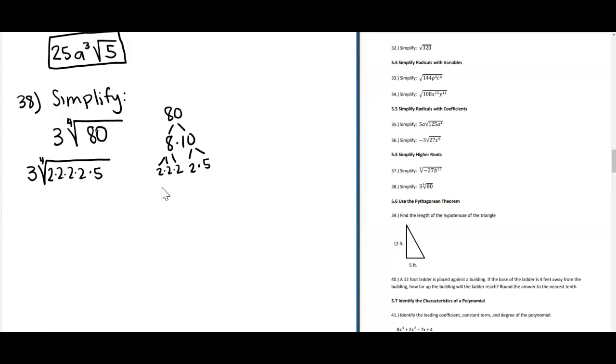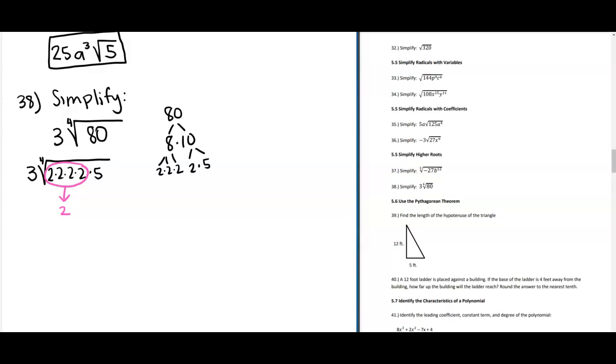Now notice this time we've got a fourth root, so that means things have to come out in groups of 4. So I can see I've got a group of 4 right here. I've got four 2s. So those four 2s are going to come out just as a 2. But 5 would need 3 other buddies, which he doesn't have, so 5 is stuck inside.